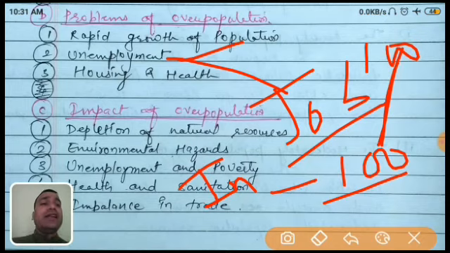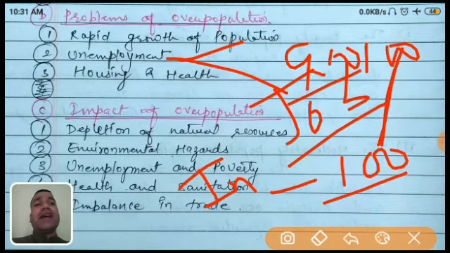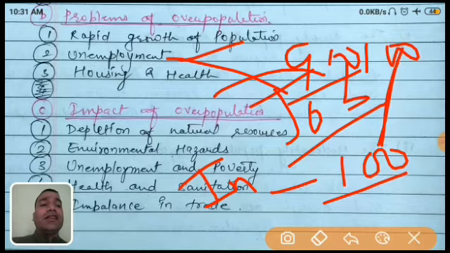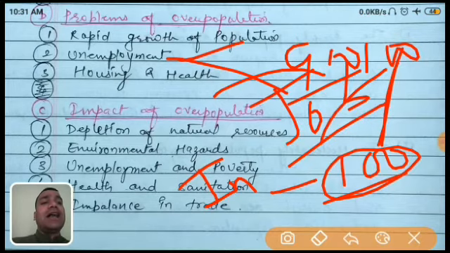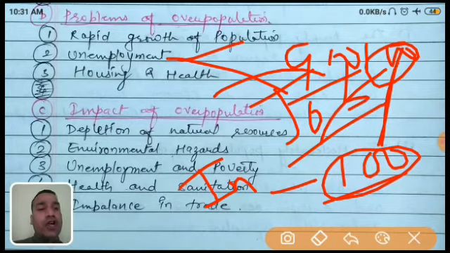So the 900 people are not getting jobs. So they will do wrong things. In the next chapter we will discuss it, but now you understand what unemployment is. It means the jobs are less and the people are many because of overpopulation. Most of the people are unemployed, meaning they are not getting a job.